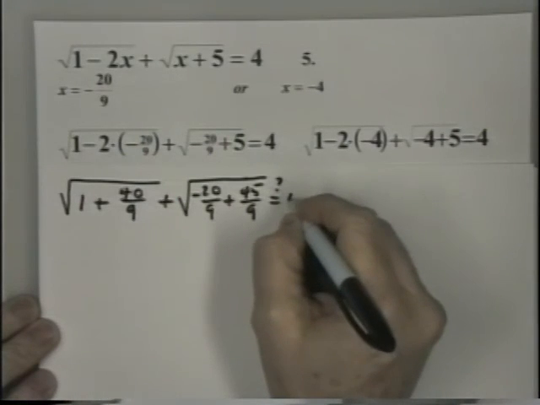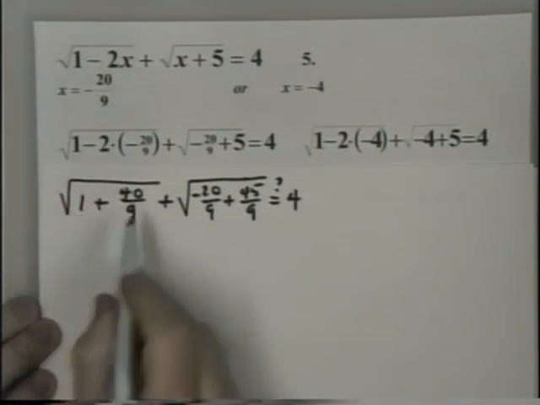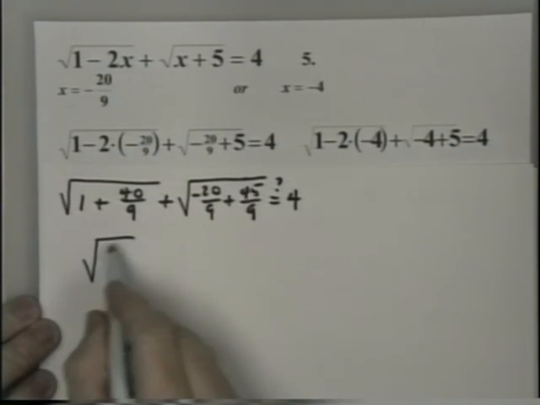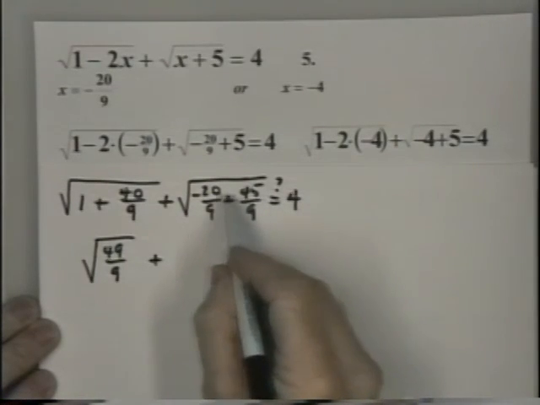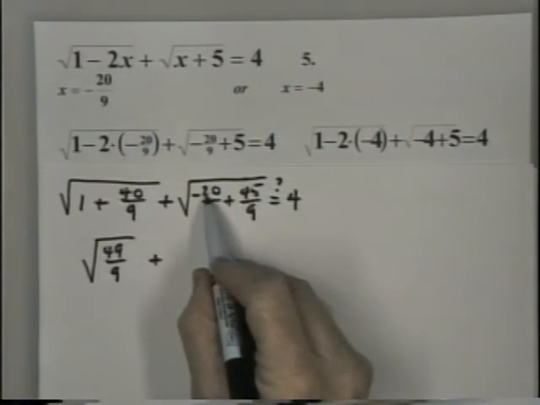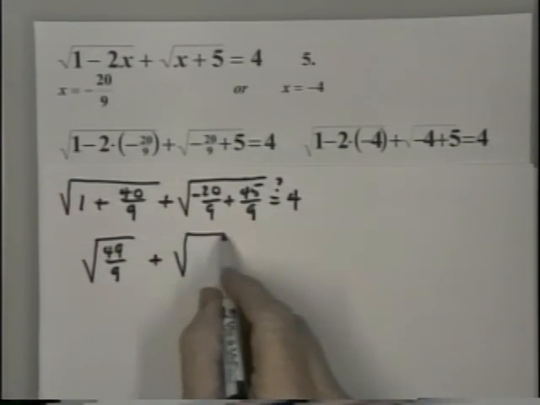Question is, is this going to turn out to be 4? This is 9 ninths plus 40 ninths gives me the square root of 49 ninths. Over here, a negative 20 ninths plus 45 ninths is 25 ninths.